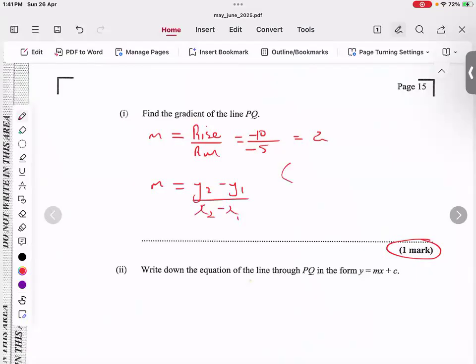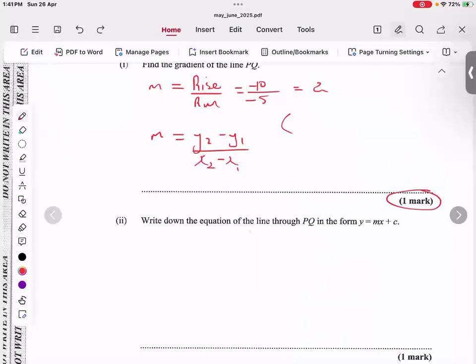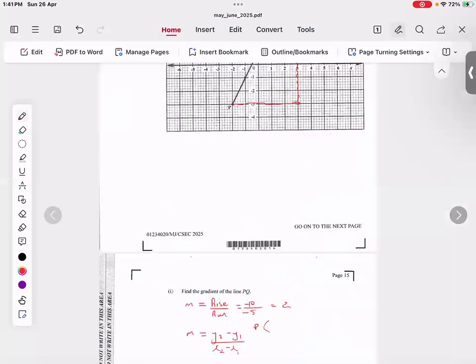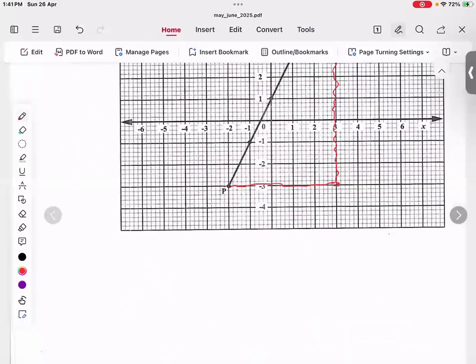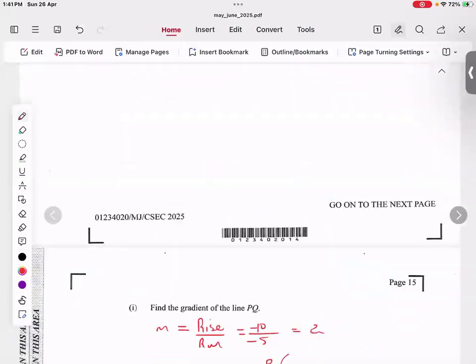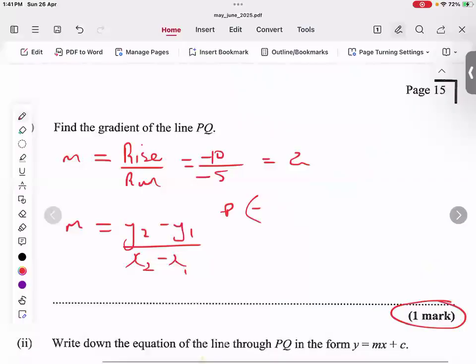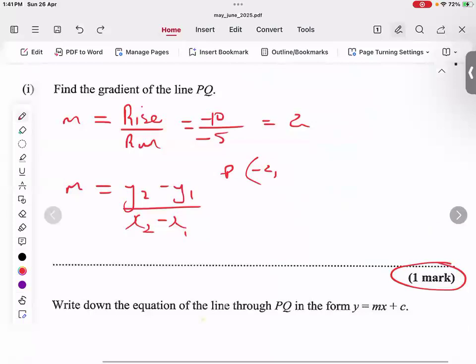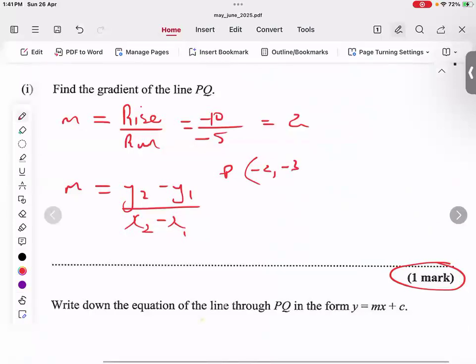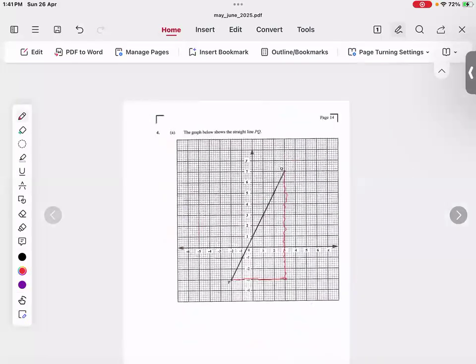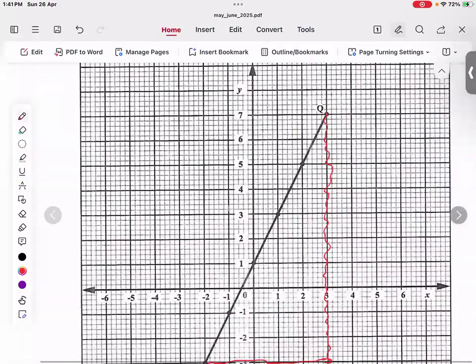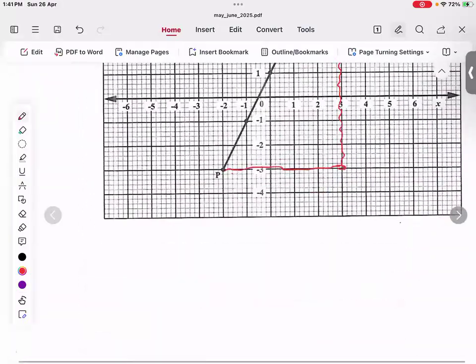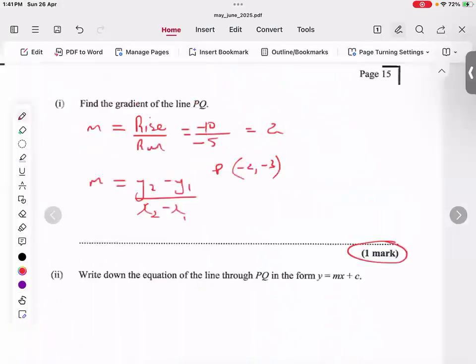If they were to say p equals whatever, let's say they give you p is equal to (-2, -3). All right, and you go back on the graph now, you read off Q, it looks like (3, 7).